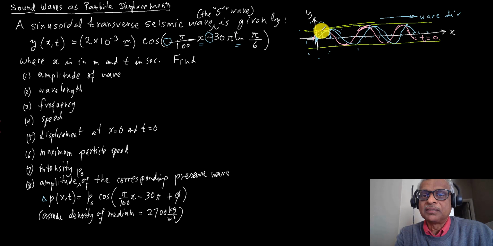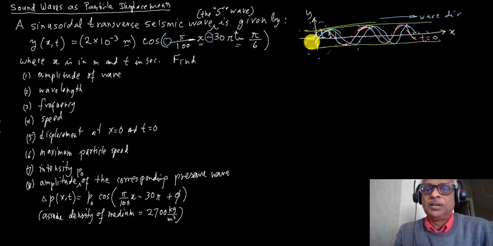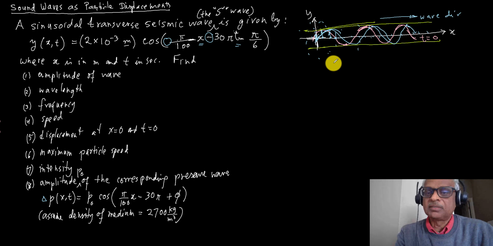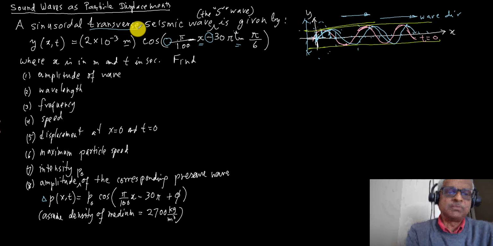This particle used to be here, came back here. This particle used to be here, went up here. Particle movement is transverse, along the y direction, while the wave is going in that direction. That's why it's called transverse.